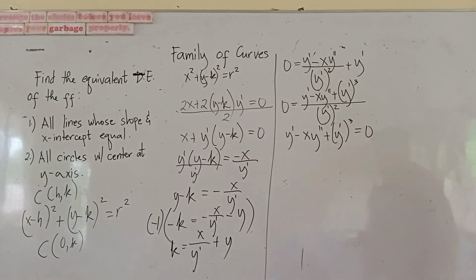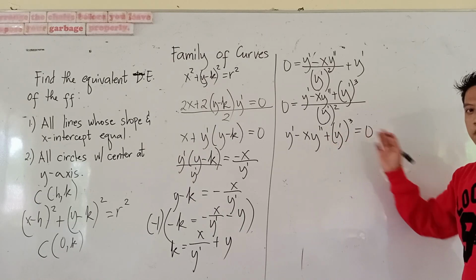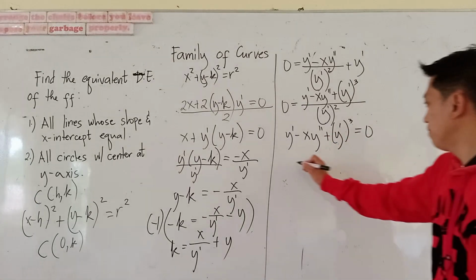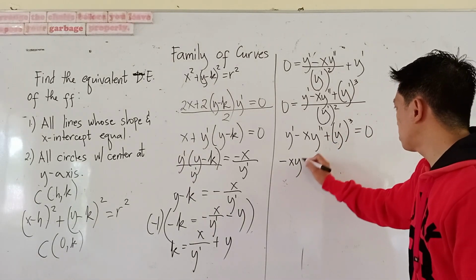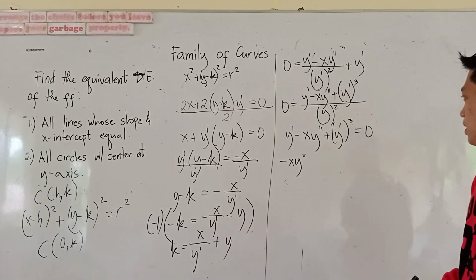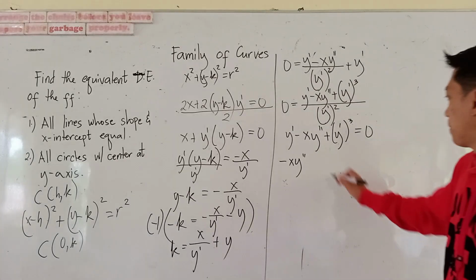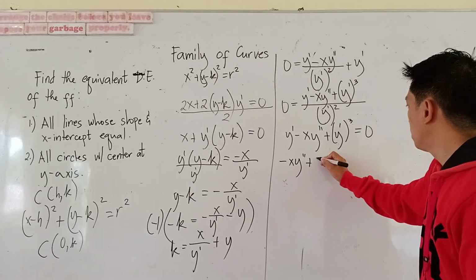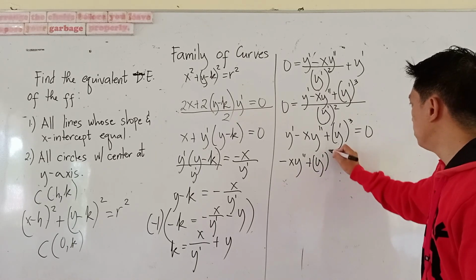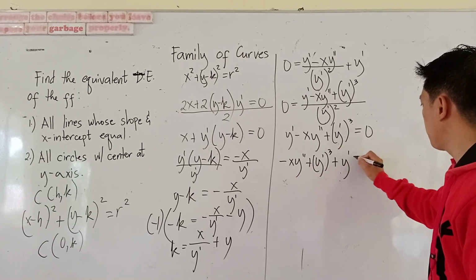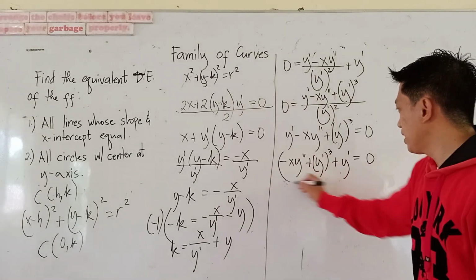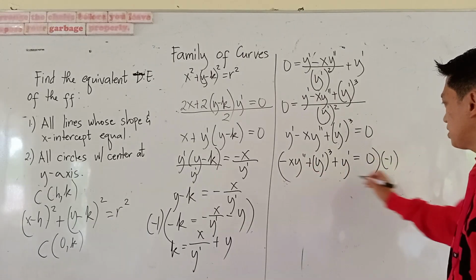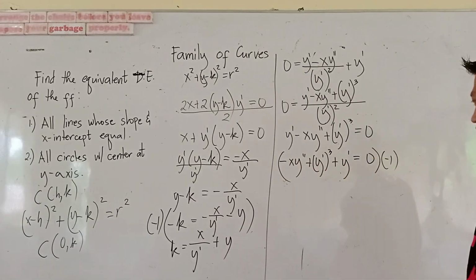Okay? Then, you can simplify this into a standard form. We have, so mauna yung negative x y double prime, okay, plus y prime cubed plus y prime equals 0. So multiplying negative 1 both sides para maging positive yung first term natin.